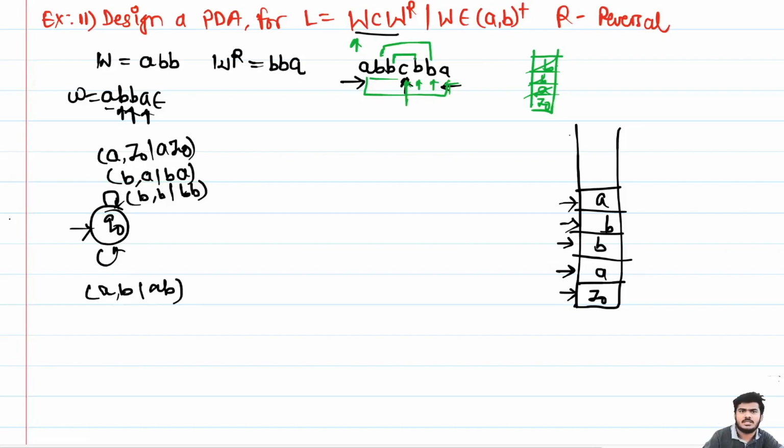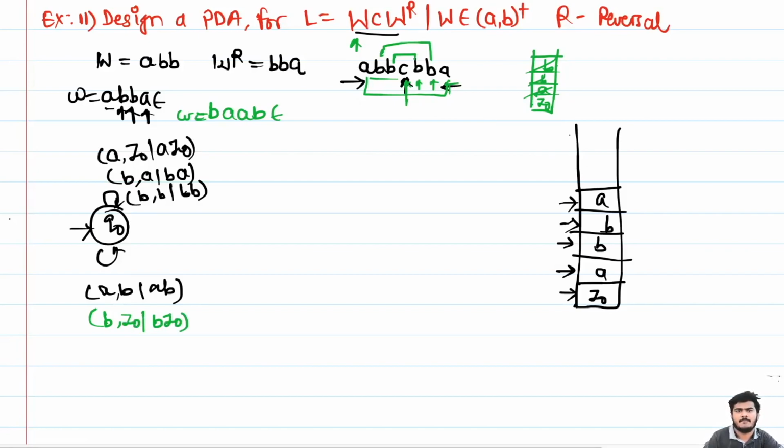Suppose we take another string, W equal to B A A B, and finally epsilon. Initially B is the input and the stack contains only Z0, so I push that B into the stack.